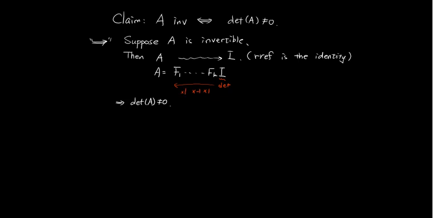Sometimes you might multiply by k if you rescale the rows. And all these things do not change the fact that the determinant is non-zero. So the determinant of A is equal to the determinant of F1 multiplied by all the things up to Fk, and all of them are non-zero. F1 to Fk are elementary matrices.